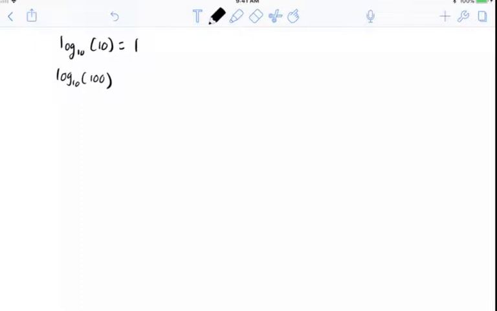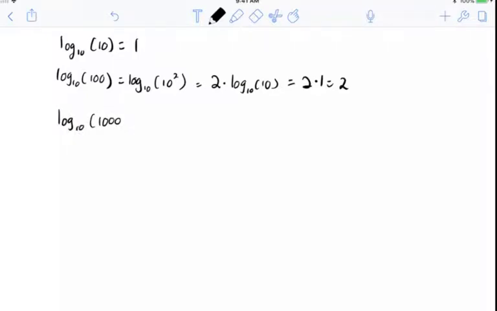Well, 100 can be written as 10 to the power 2, so you can bring the 2 out front, and that evaluates as 2. Log base 10 of 1,000. So 1,000 can be written as 10 to the 3, which becomes 3 times log base 10 of 10, which is 3 times 1, which is 3. Yeah?